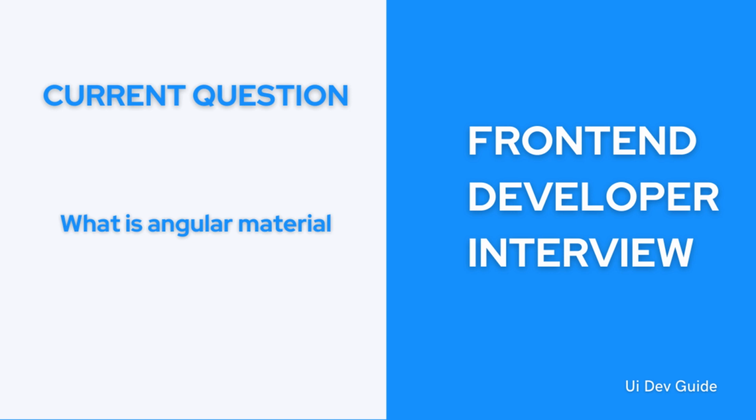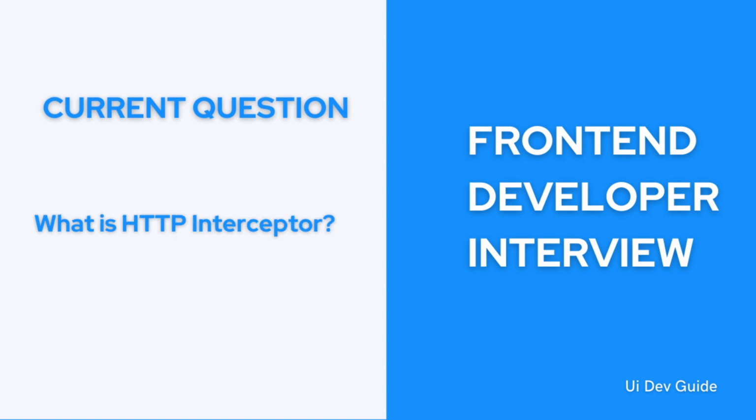What are HTTP interceptors? An HTTP interceptor helps us intercept requests and responses. With its help we can intercept the request while going to the backend, and the data while coming back. Suppose I want to add something when data comes; I can do that in the interceptor.